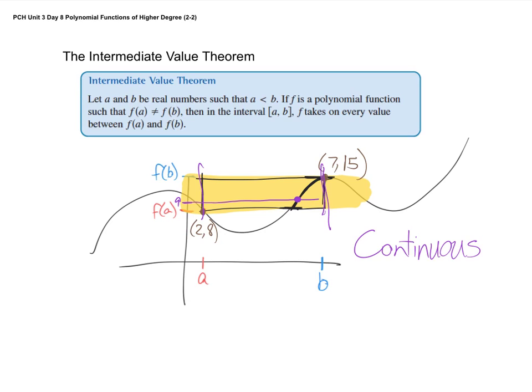We're not allowed to jump from 8 up to like 10 and then go to 15. Otherwise it wouldn't be continuous. So, that's our intermediate value theorem. Because it's continuous, if I have two points on a polynomial function, if I pick any value between the two y coordinates, I know that some x value will give me that. So, there you have it. That's the intermediate value theorem.